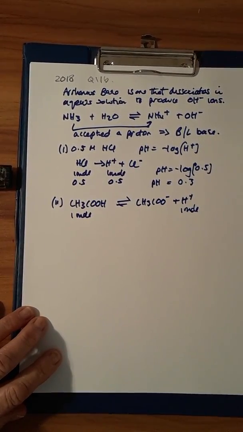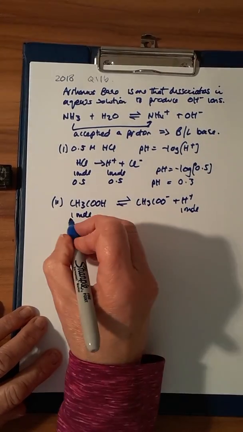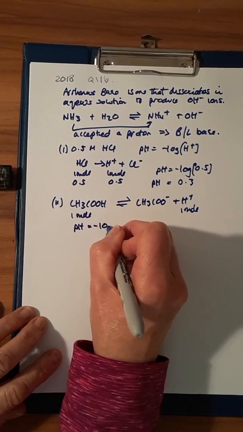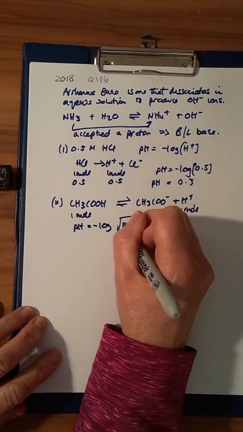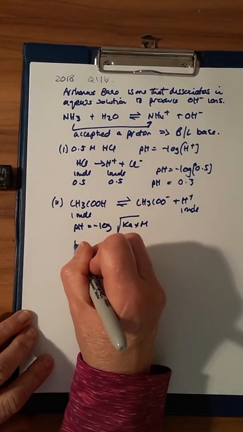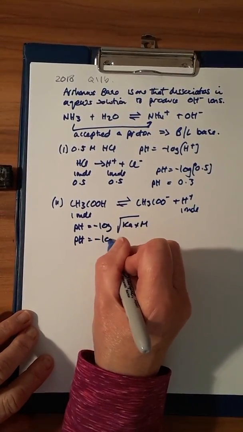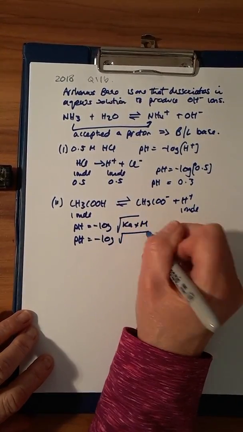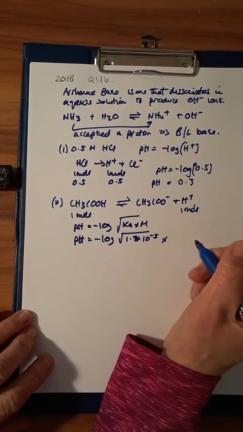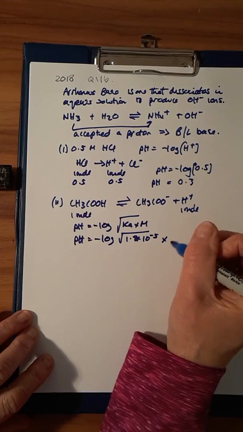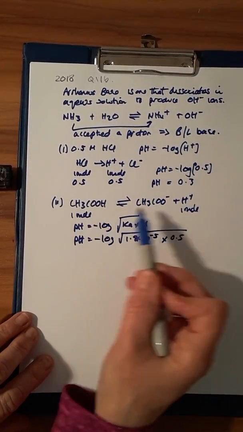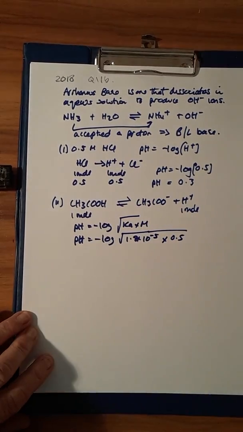So what I need to do now is find the pH of this weak acid. I know that it's minus the log of the square root of the Ka by molarity. So I'm going to put the values in that I'm given in the question. I'm told that the Ka is 1.8 by 10 to the minus 5. I'm going to multiply it by a 0.5 molar solution, because 1 mole gives me 1 mole, so 0.5 moles gives me 0.5 moles.